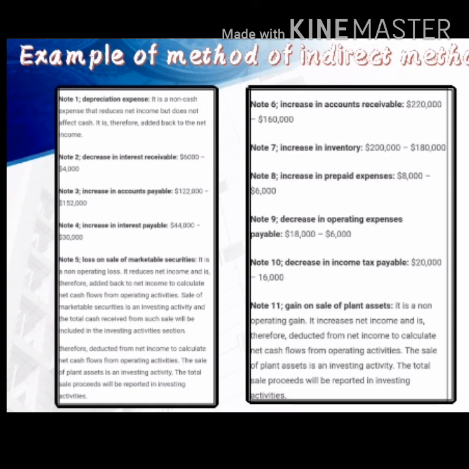The sale of these plant assets is an investing activity. The total sale proceed will be reported in investing activities. The gain on sale of plant assets is under the revenues and gains in the income statement of the XYZ company, which has the amount value of $62,000.